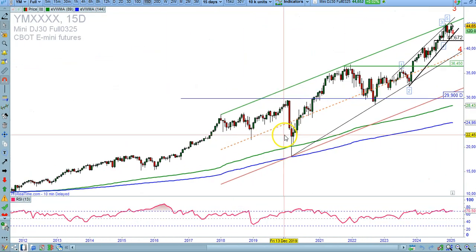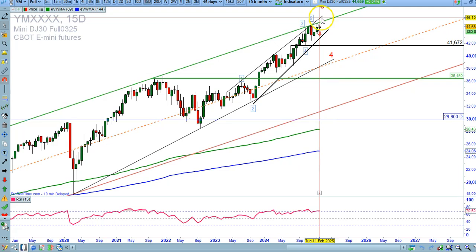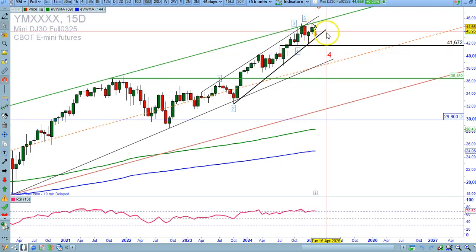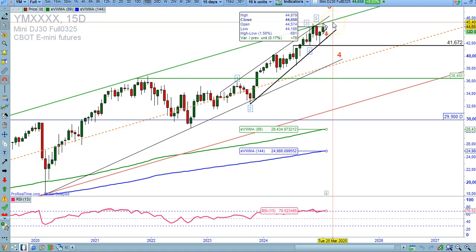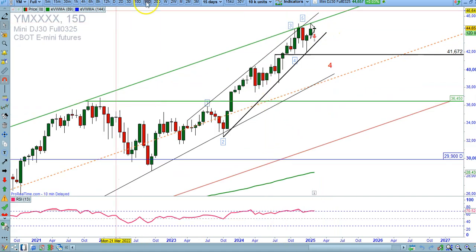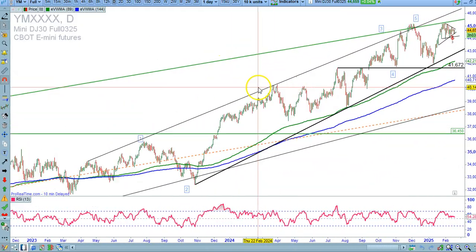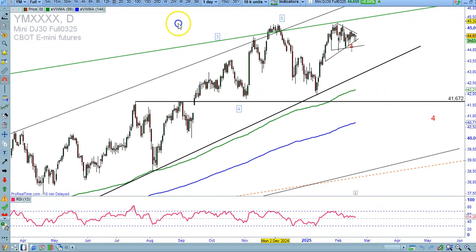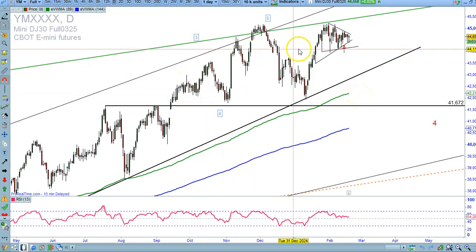On a 15-day chart you can see that the Dow Jones is also rejected from the channel top at 45,500, and is now in a triangle consolidation, which can be bearish as well.